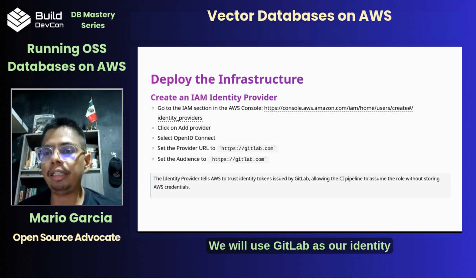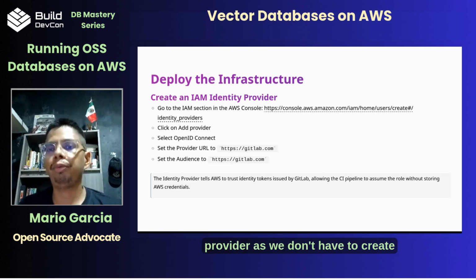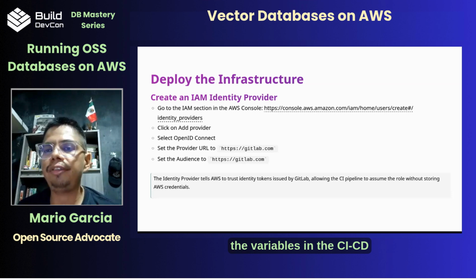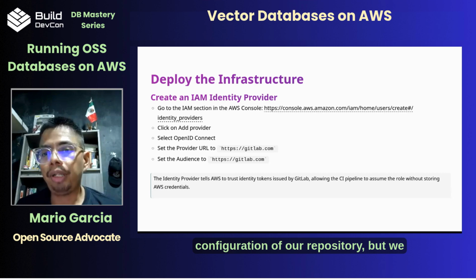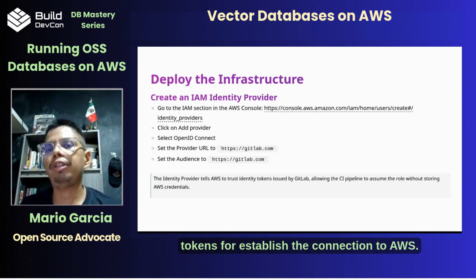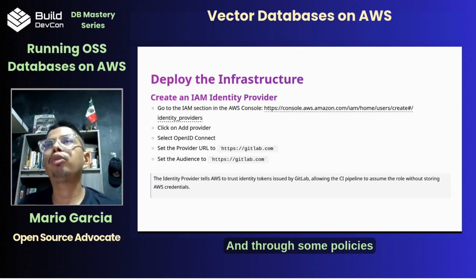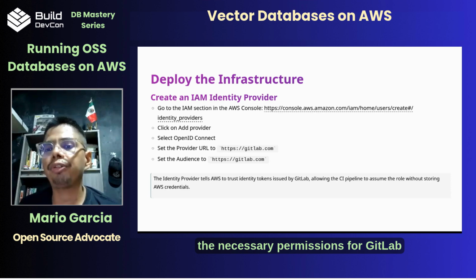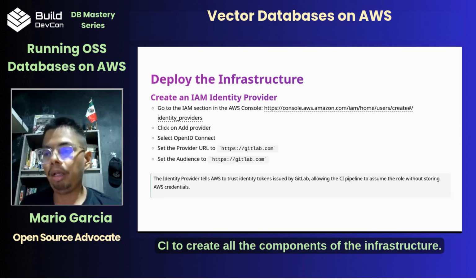We will use GitLab as our identity provider, as we don't have to create a user and set the variables in the CI/CD configuration of a repository, but we can use GitLab CI directly to generate the necessary tokens to establish the connection to AWS, and through some policies that we will create later, we provide the necessary permissions for GitLab CI to create all the components of the infrastructure.